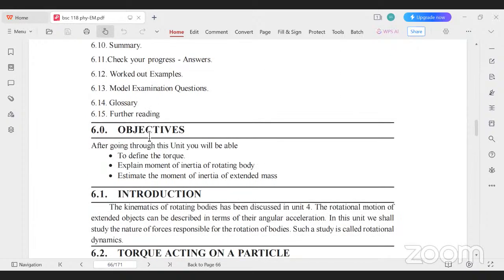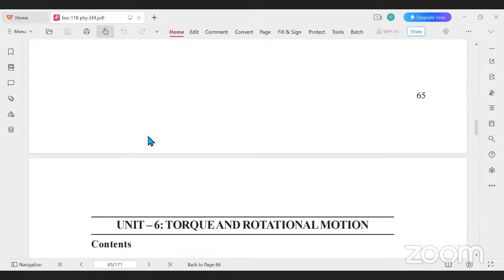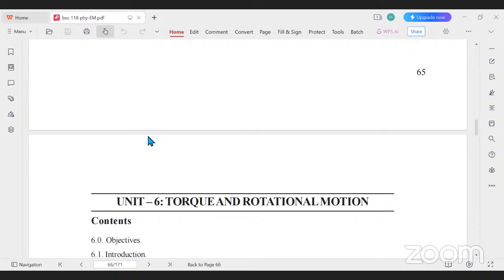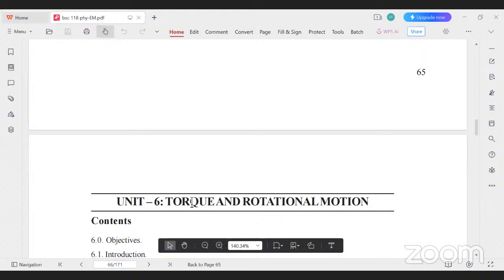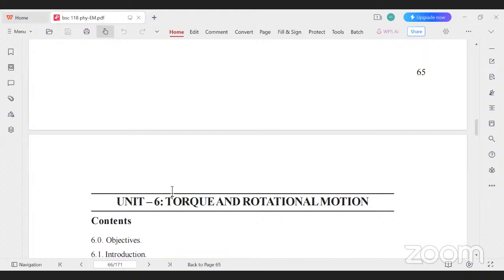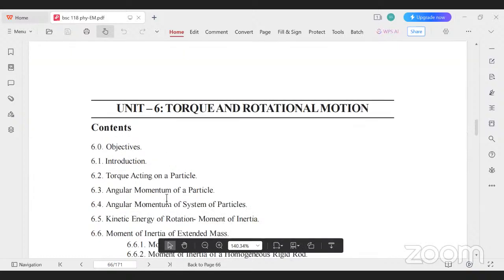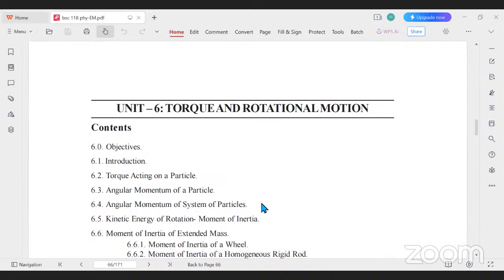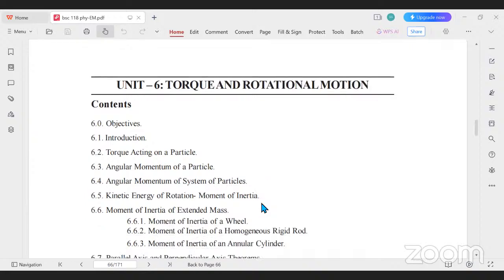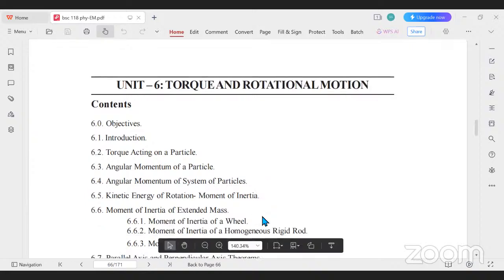Okay. So next is torque. Torque and rotational motion is also simple. See, if I'm giving some external force, torque is nothing but giving some external force to that, and the rotation starts. So that is about the interaction: torque acting on a particle, angular momentum of a particle, angular momentum of a system of particles, kinetic energy of rotation, moment of inertia. Moment of inertia of a wheel.